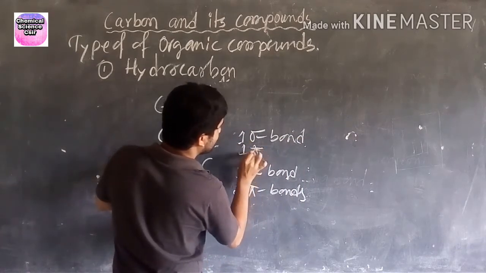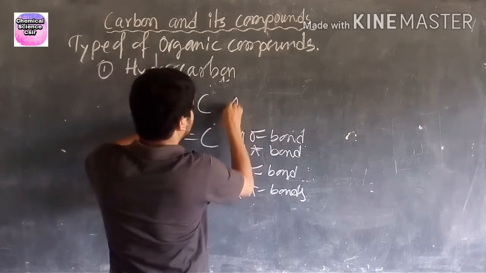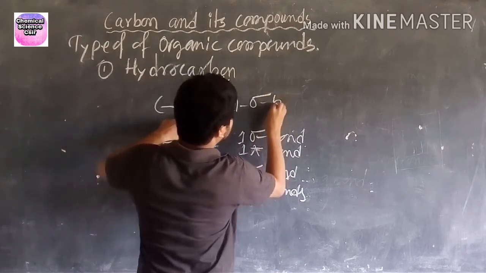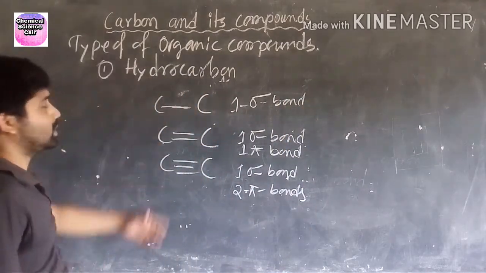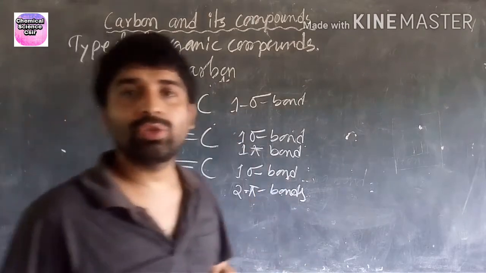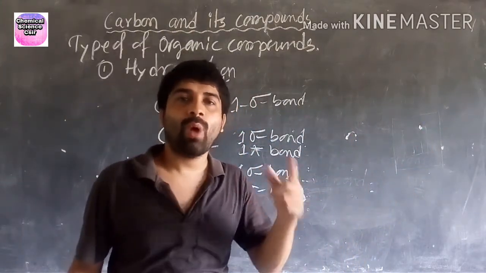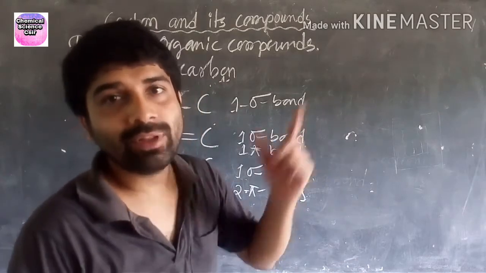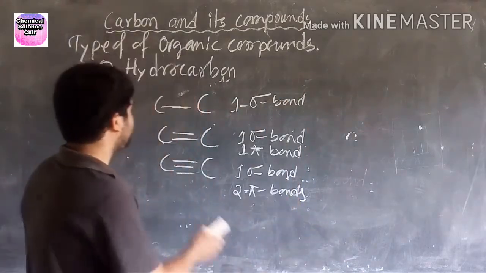So these are the bonds: single bond, double bond, triple bond. Single bond is a sigma bond. Double bond, one sigma bond, one pi bond. Triple bond, one sigma and two pi.